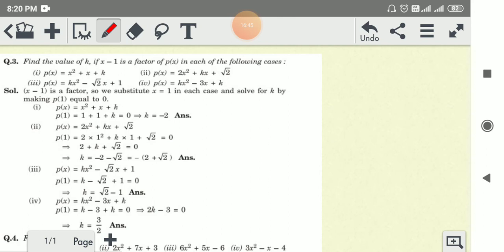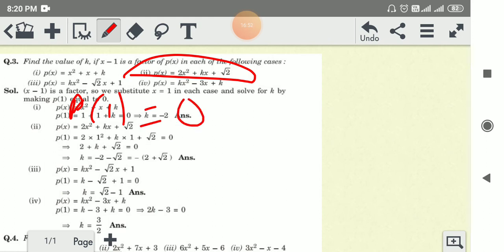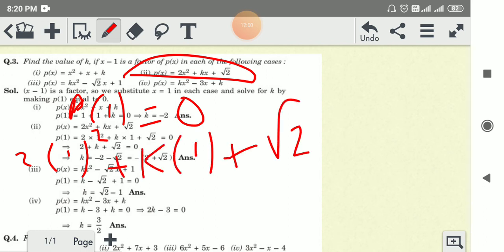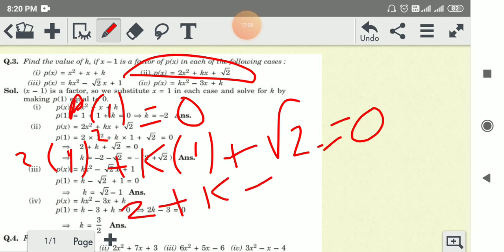now putting x is equal to 1 in this equation, so p(1) is equal to 0 and 1 square times 2 plus k times 1 plus √2 is equal to 0. Now square of 1 is equal to 1, multiplied by 2 is equal to 2, and k ones is k and √2 is equal to 0.